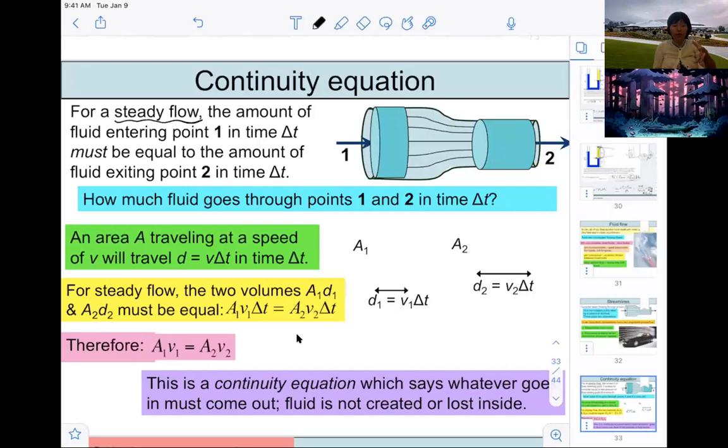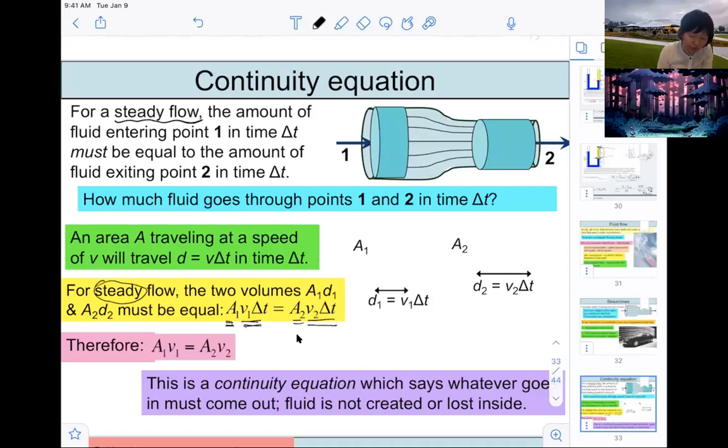The amount coming in equals the amount going out. So the volume coming in is equal to the volume going out in an equal amount of time. You can see that a volume is area times the height. So area 1 times the height, D1, is equal to area 2 times the height, D2. So these two volumes are the same. That is what a steady flow means.